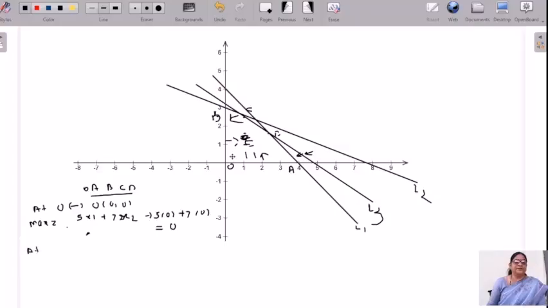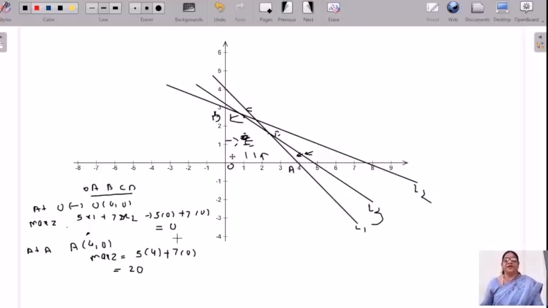At point A, the coordinates of A are 4, 0. Therefore the objective function maximize Z equal to 5 into 4 plus 7 into 0, which is 20. Next point is our D.